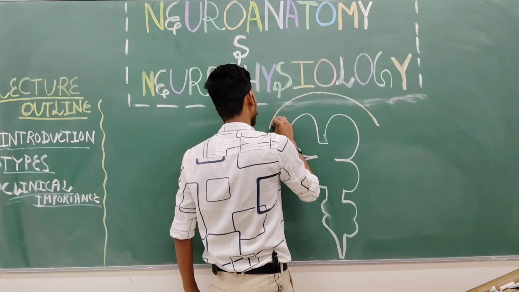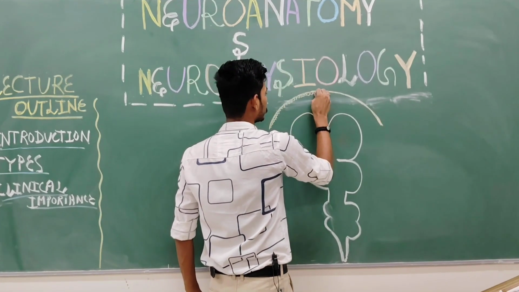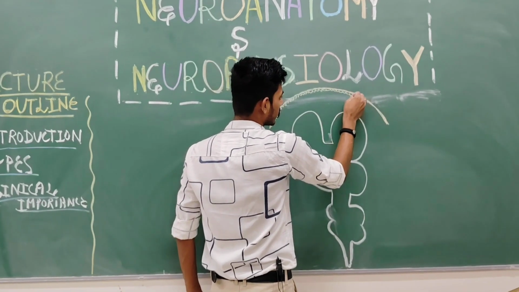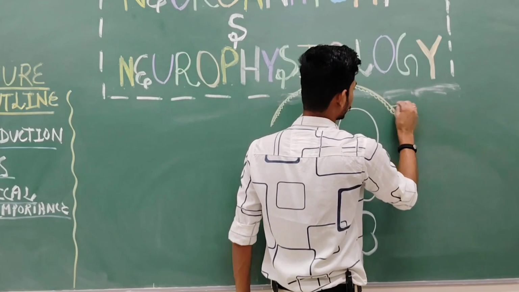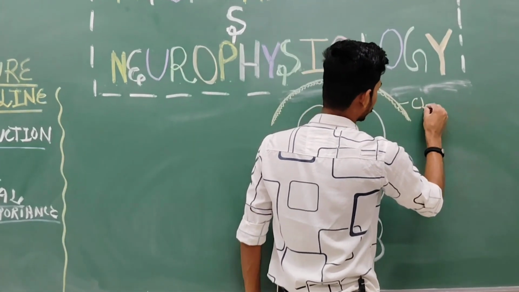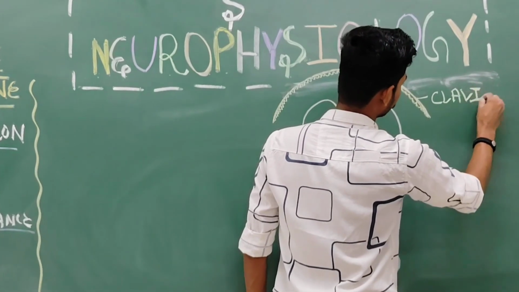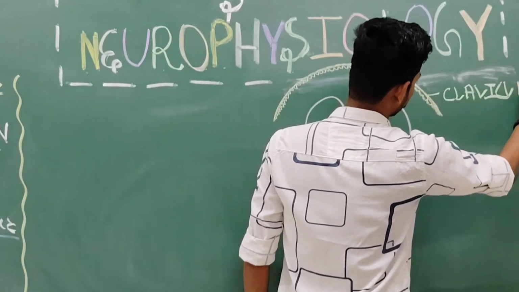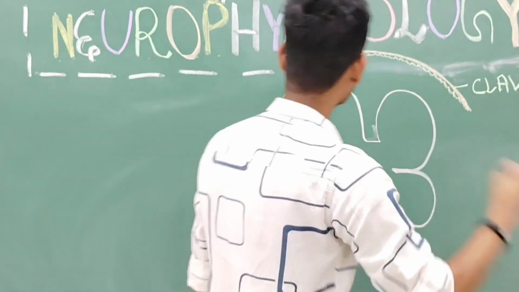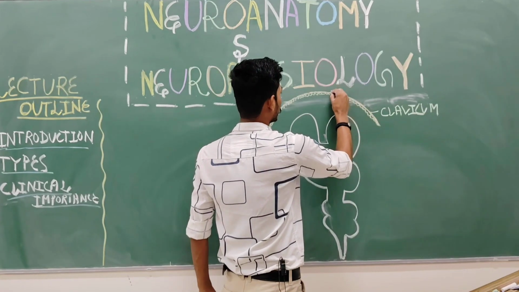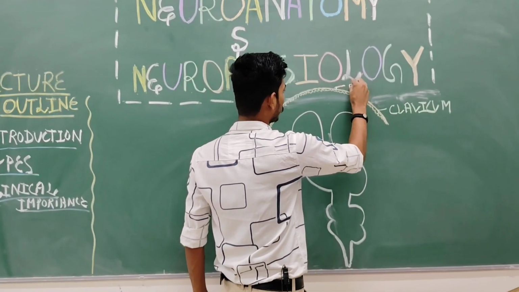Okay, write it down. This layer is called the calvarium. Understood? And this is your cranium box bone.